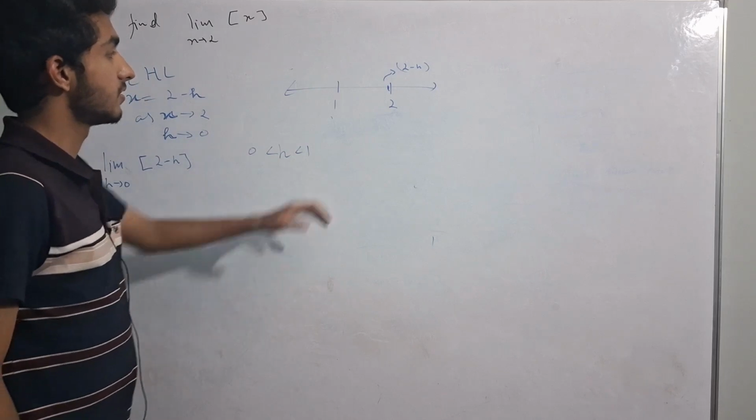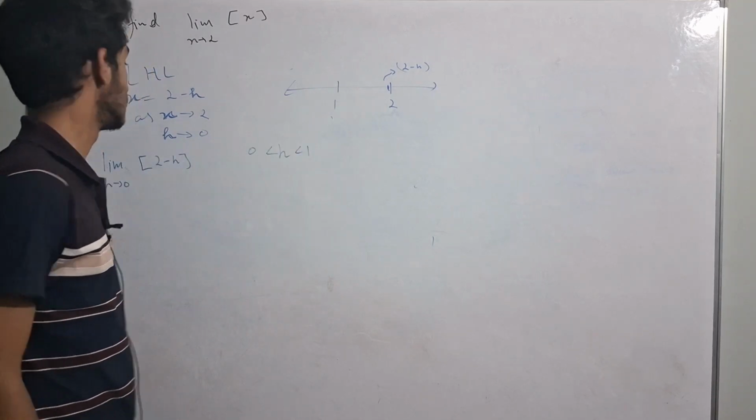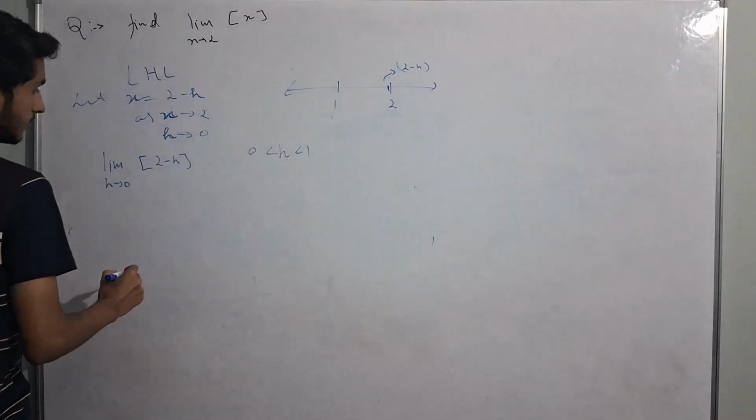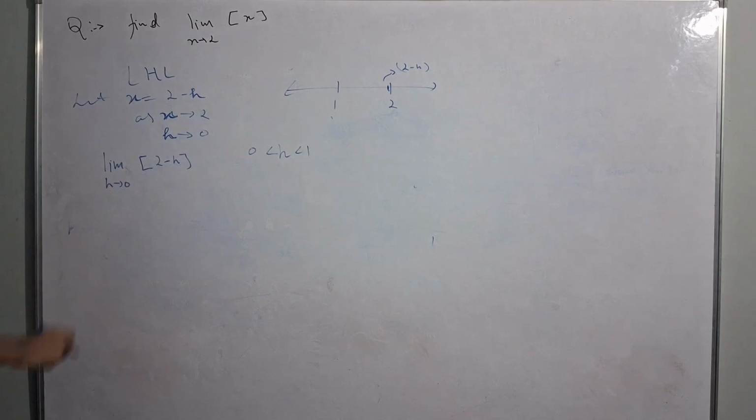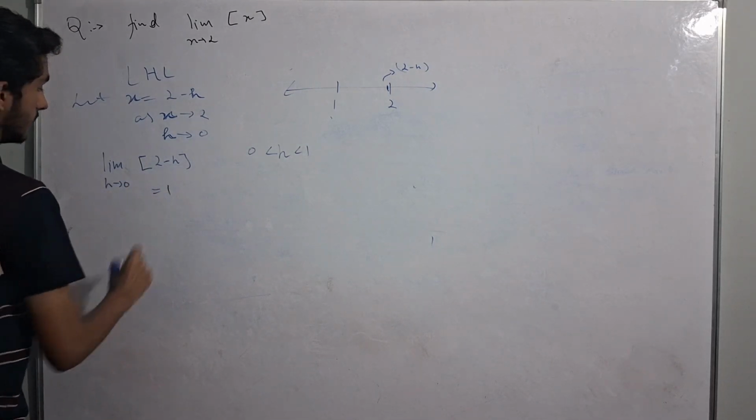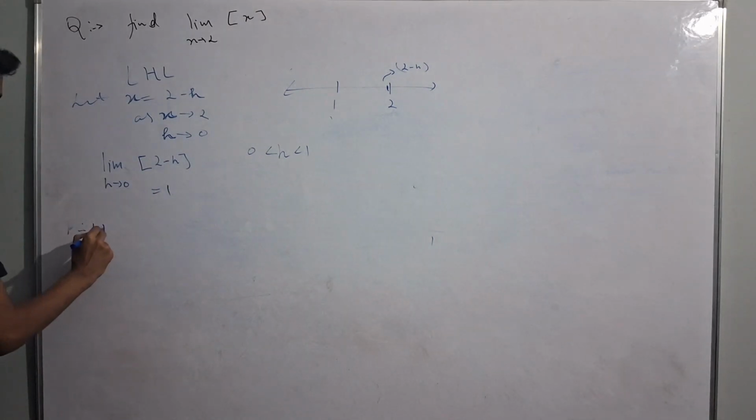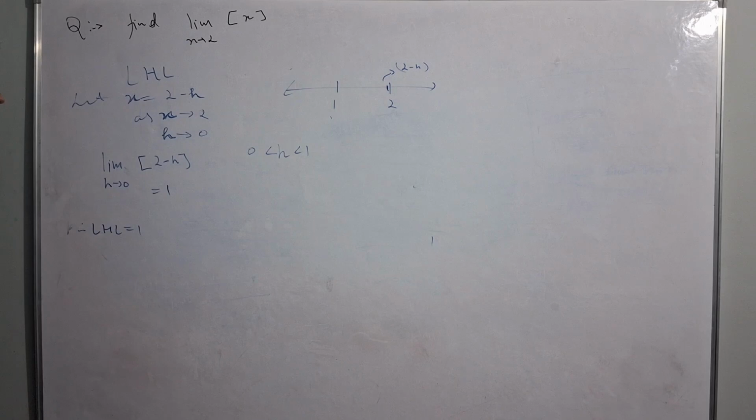So for this number, the greatest integer would be 1. So the value of the greatest integer function of 2 minus h would be 1. Therefore, left hand limit is equal to 1.